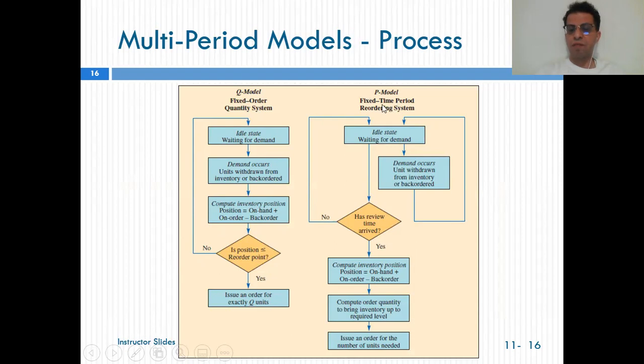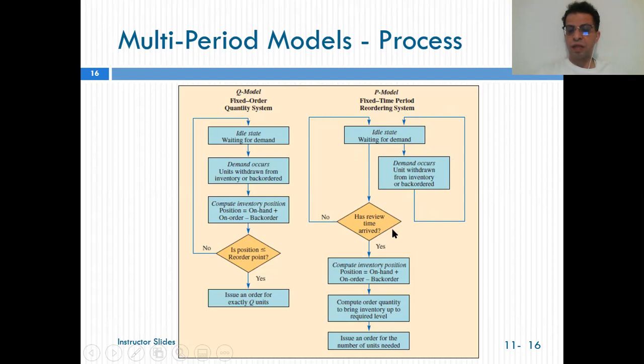In the fixed time period system, when demand occurs, units are withdrawn from inventory, but this has nothing to do with making orders because it's about timing. So, idle state waiting for demand: has the review time arrived?